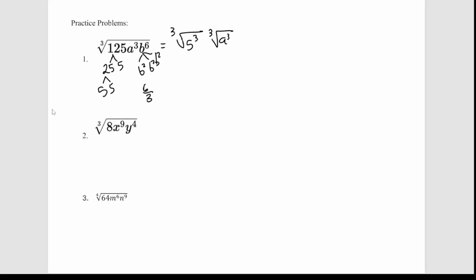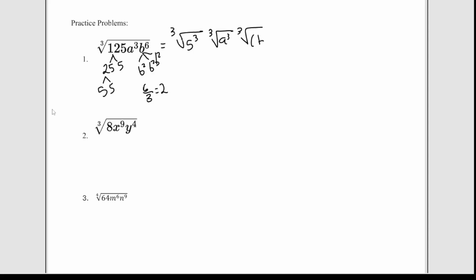Another way I could do that is 6 divided by 3 gives me 2. So I'm going to have the cube root of b squared to the third. The cube root of 5 to the third is just 5, the cube root of a to the third is just a, and the cube root of b squared to the third is b squared. So in short, whatever I found multiplied by itself 3 times to give me that is what ended up breaking out in front of that root.